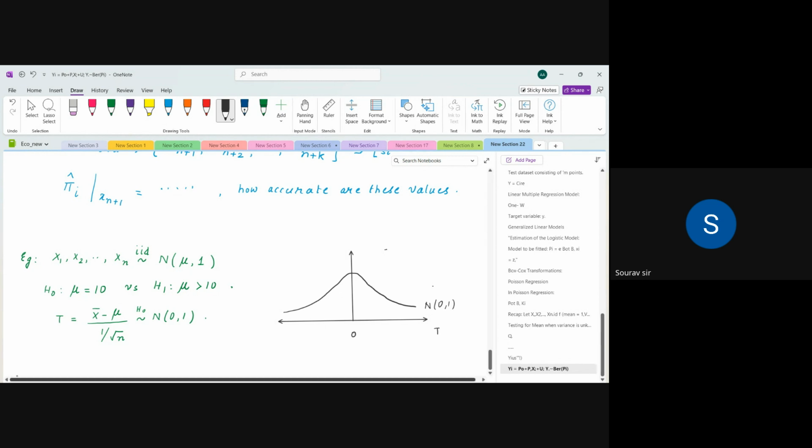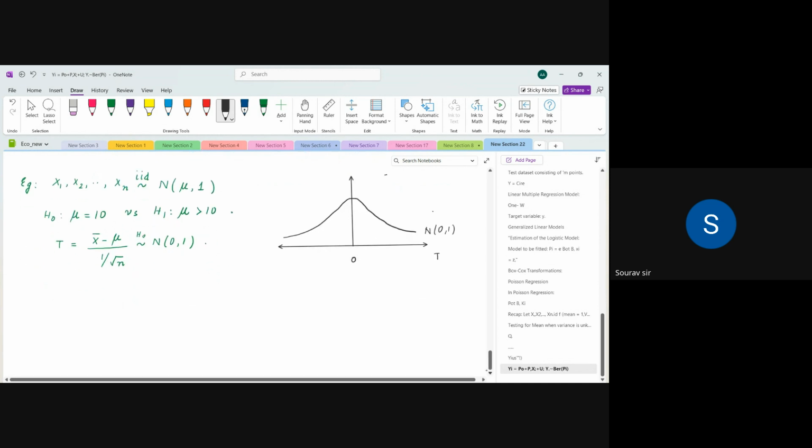करेक्ट. अब देखो, for testing of hypothesis you fix a significance level, right? Let's say alpha is 0.05. Because this is a right tail test, 5% will be over here. This will be your 5%. And the 5% value for standard normal is 1.64. अब देखो, based on the random sample that you have, you will get your t observed, right?